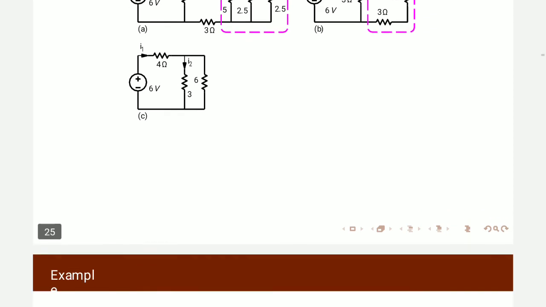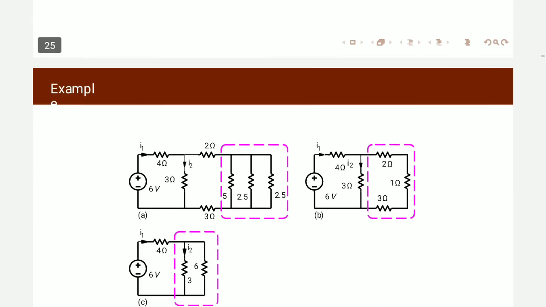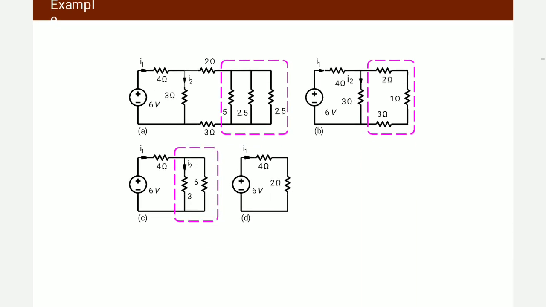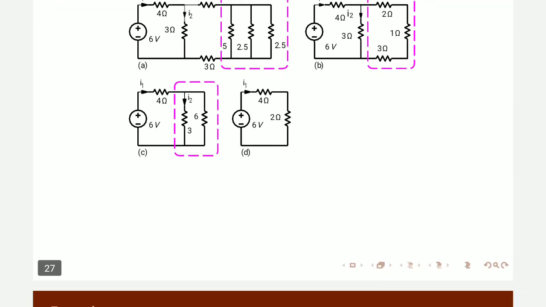Now this gives 2 ohms, 4 ohms and 2 ohms. Observe, 4 ohms and 2 ohms are in series with 6 volts.